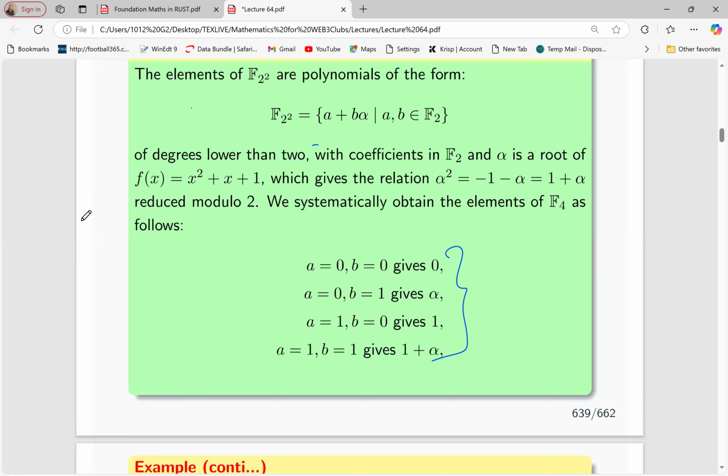Now, I've said a field extension is a field. So for us to show that it's a field, we want to show that you can add elements of the field extension and get an element of the field extension. So let's do addition. The elements are 0, 1, alpha, 1 plus alpha.